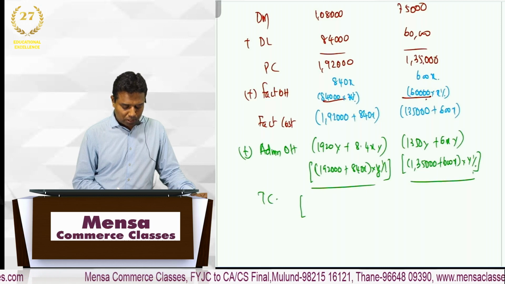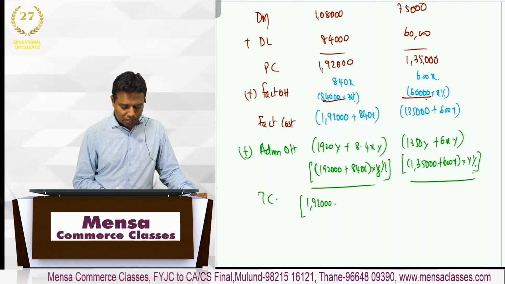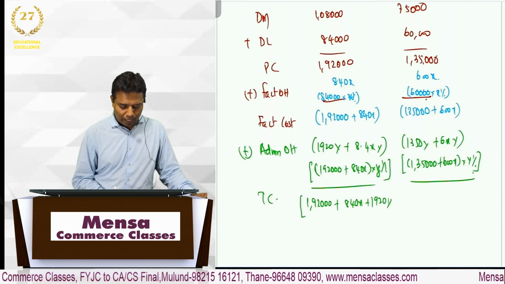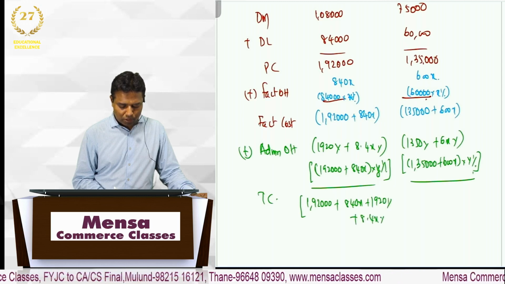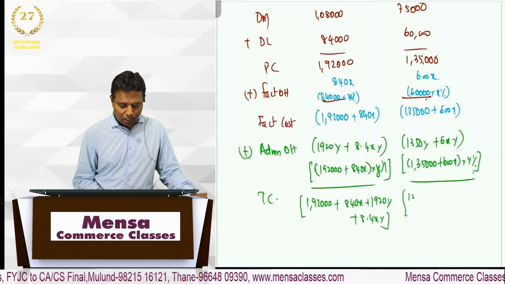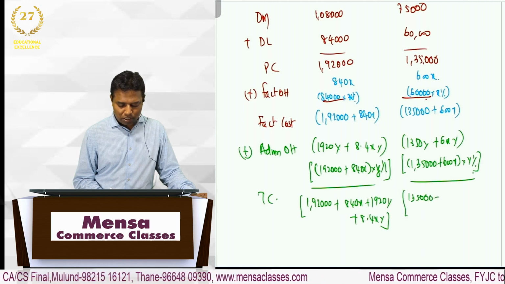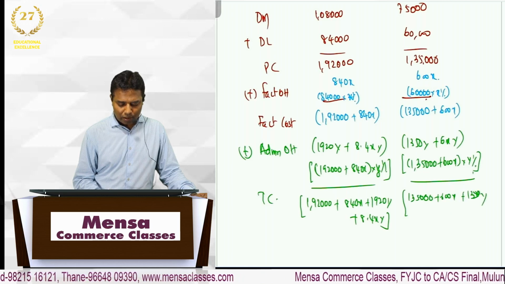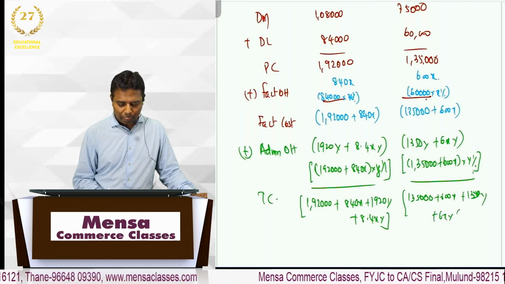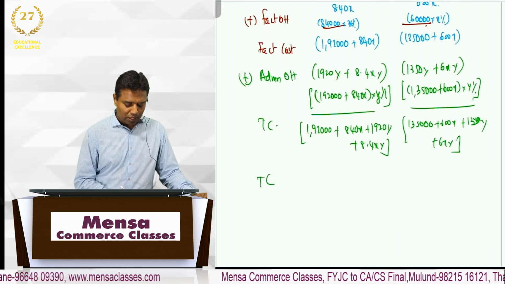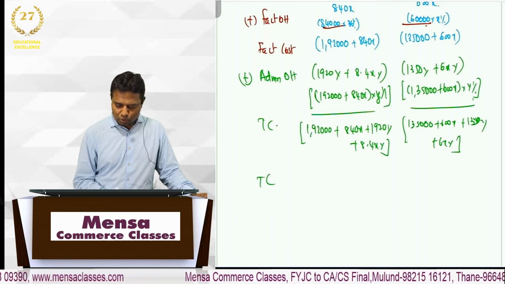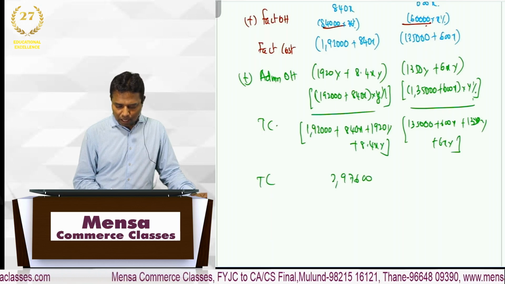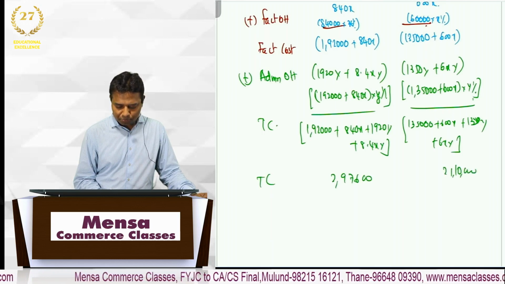Add this, and this will give you the total cost. So total cost will come to 1,92,000 plus 840x plus 1920y plus 8.4xy, and the other one will be 1,35,000 plus 600x plus 1350y plus 6xy. And I already have the total cost with me. If you remember, the total cost was 297,600 and 2,10,000.